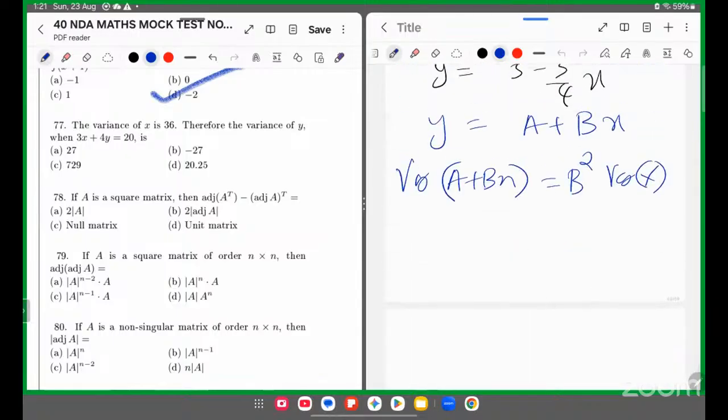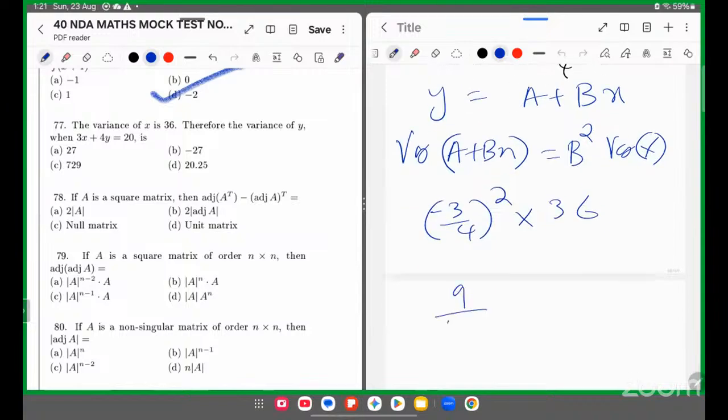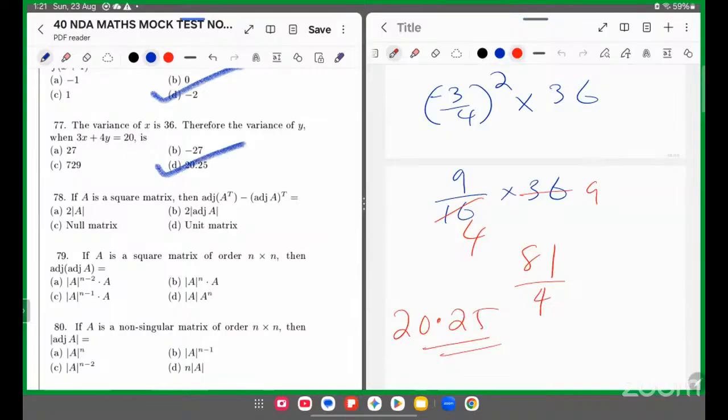So what is b square? b square is actually minus 3 by 4 the whole square. Variance of x is 36. So 9 divided by 16 into 36. So it will become 81 by 4. That means it will become 20.25 will be the answer. Option D.